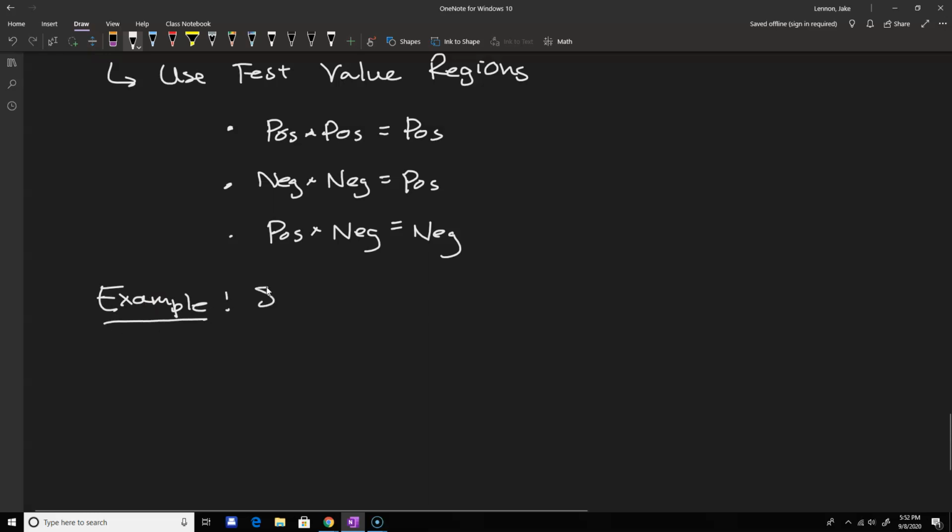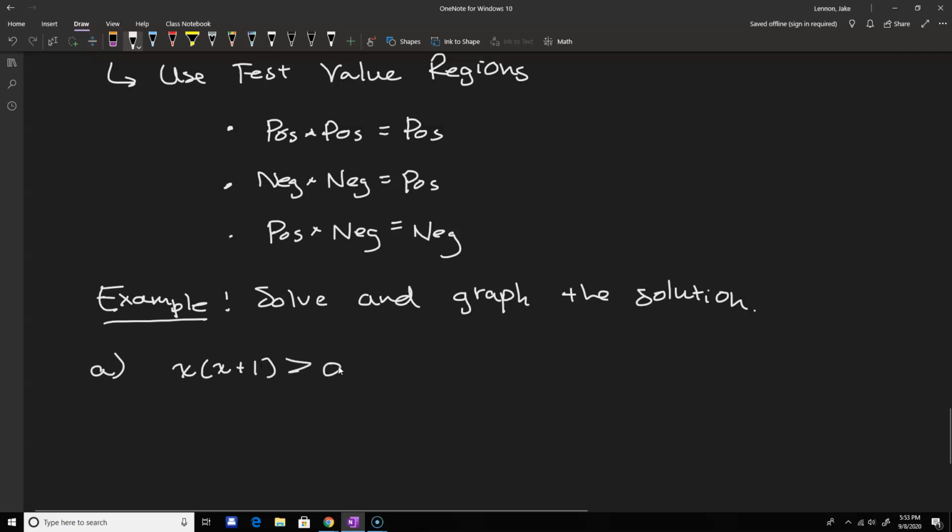Let's say solve and graph the solution. So let's say we have something like x times x plus 1 is greater than 0.